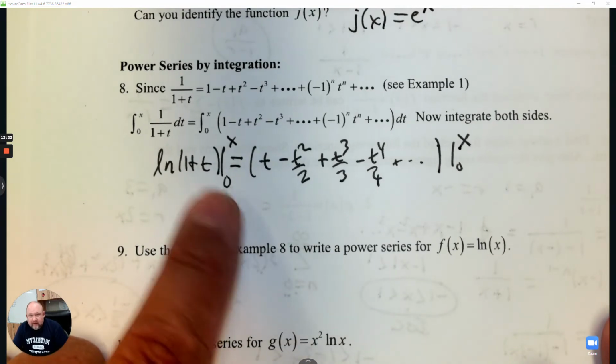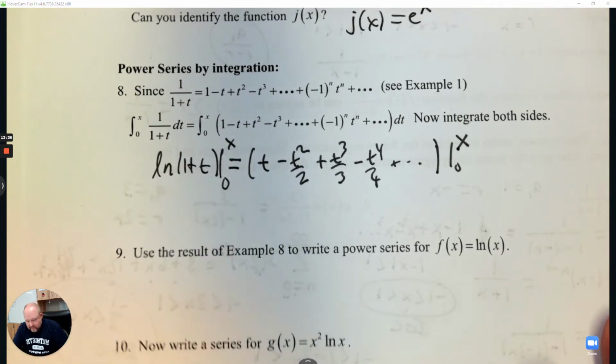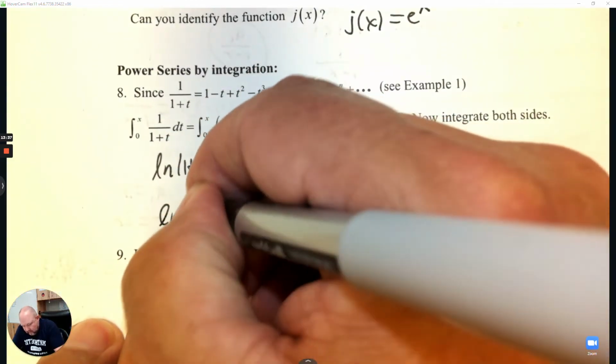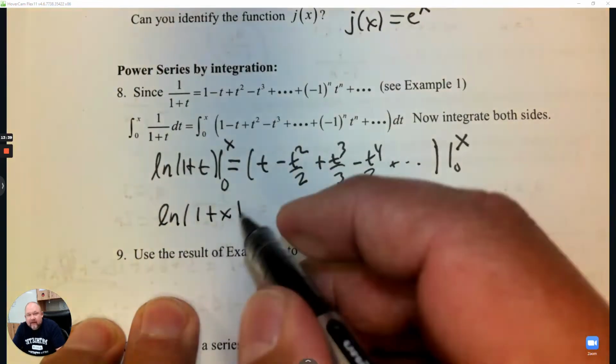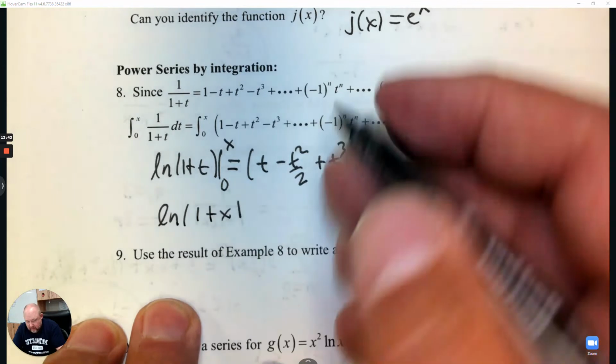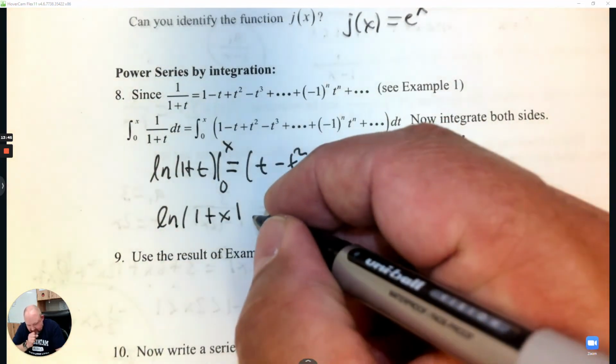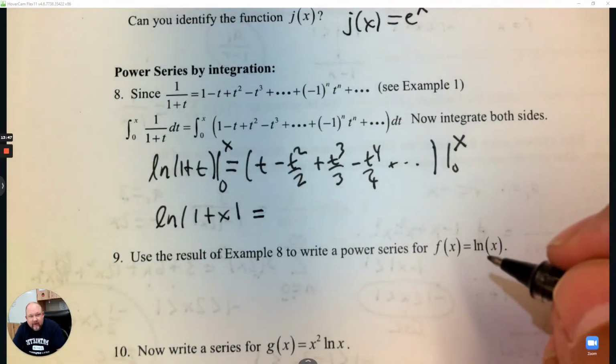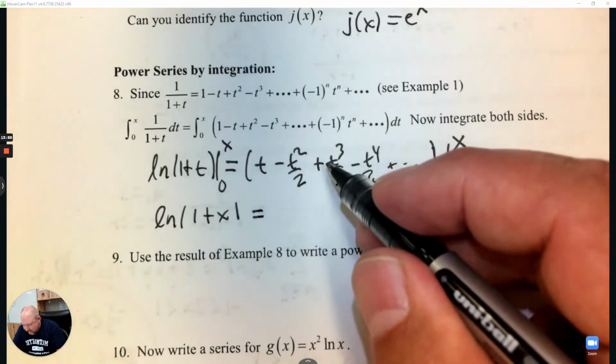On the left side, plug in x, and you get ln of 1 plus x. Subtract, if you plug in 0, ln 1 is 0, so I don't need to subtract 0. On the right side, plug in x.